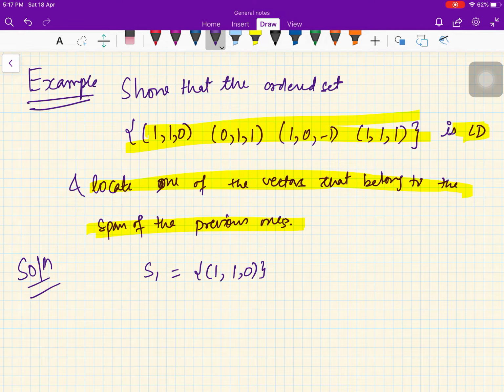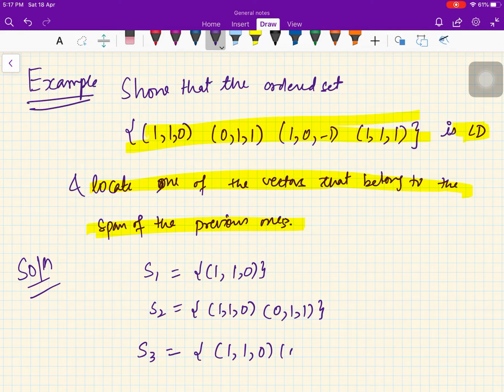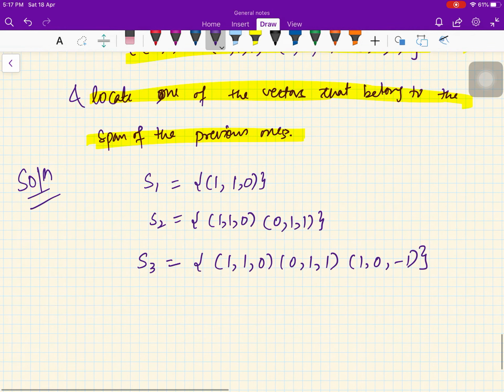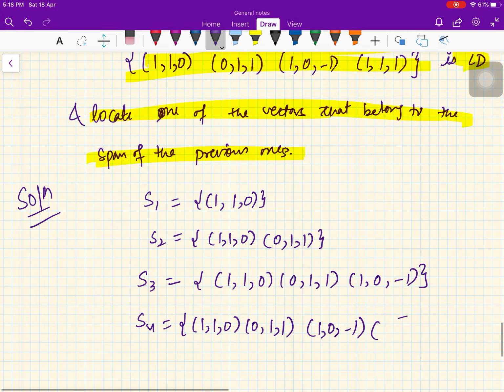So what we are going to do, we'll write S1 as the first element, then S2 as the first 2 elements, then S3 as the first 3 elements, and then S4 as all the 4 elements. Now you look at the first element.